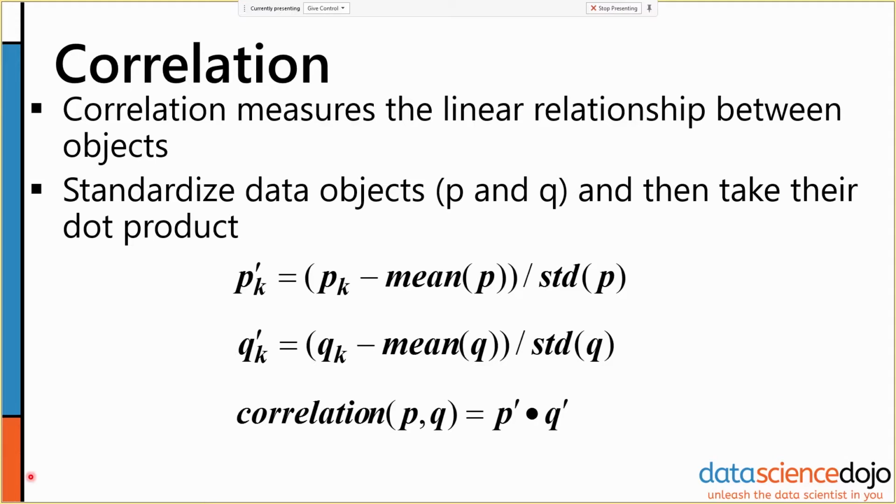It tells us if objects P and Q move together, is kind of the way to think about it. So what we do is we standardize each of the object's attributes, and then we take their dot product, and it gives us a value between 1 and -1.